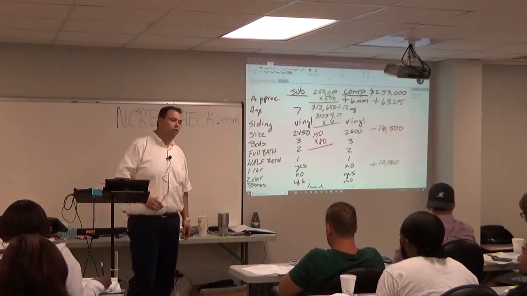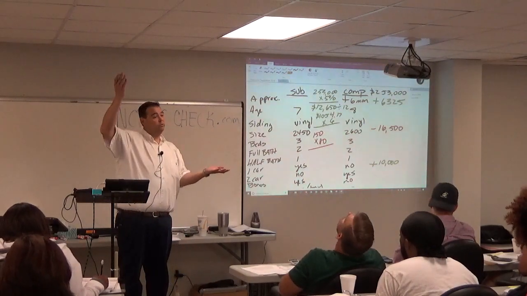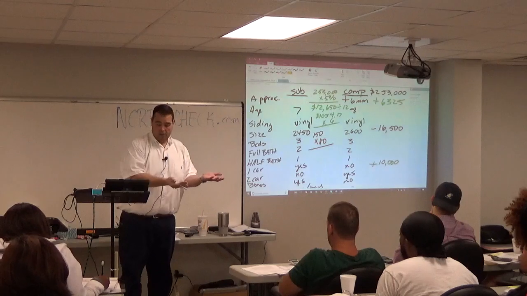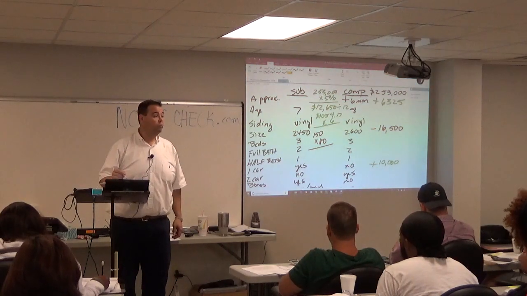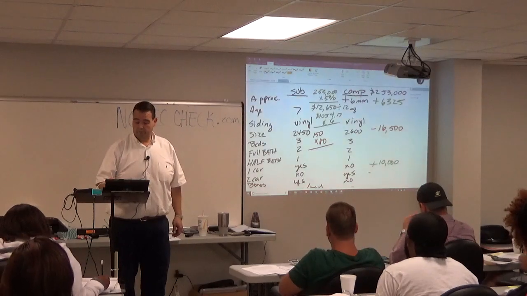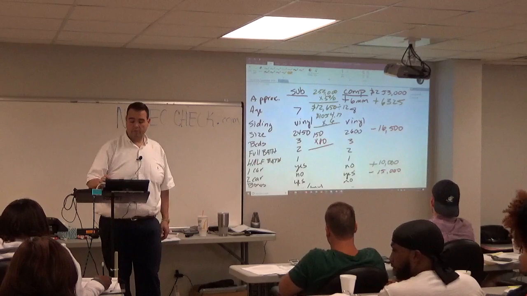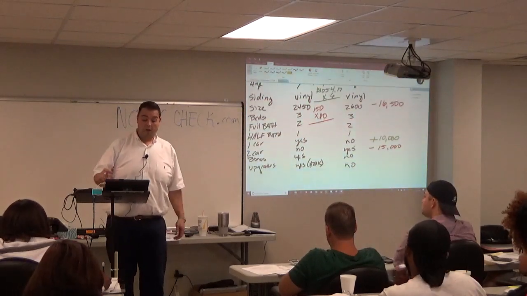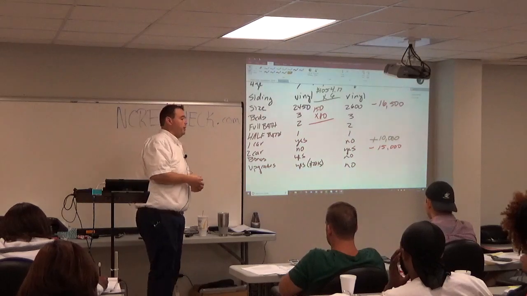All right, two car garages. Subject does not have one. Comp does have one. So which way do we need to adjust? Down by the value of a two car. How much do we say a two car is worth? $15,000. All right, we got one that's got a bonus room and one that does not, but did they give us any kind of an adjustment to make with that?